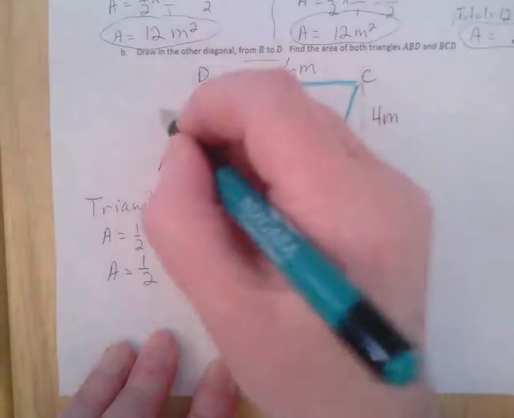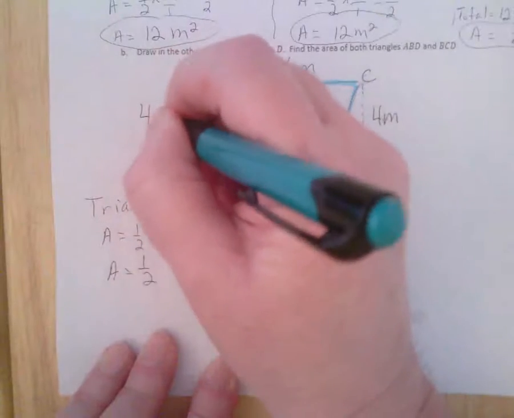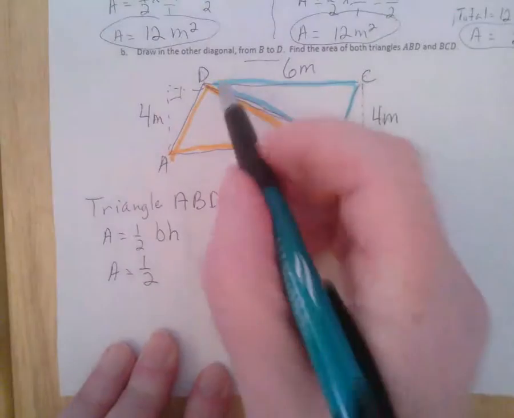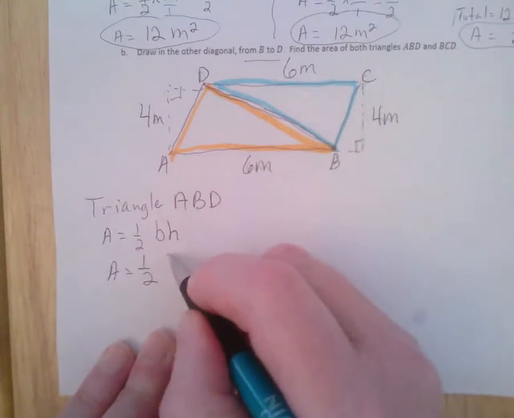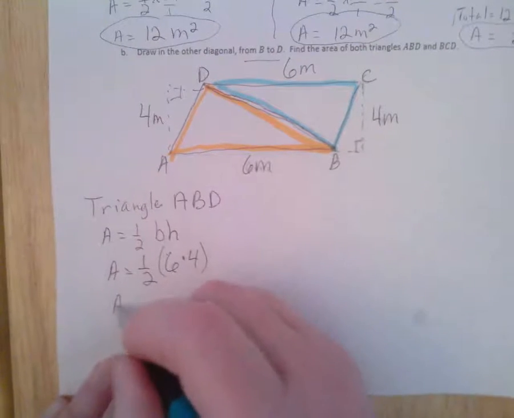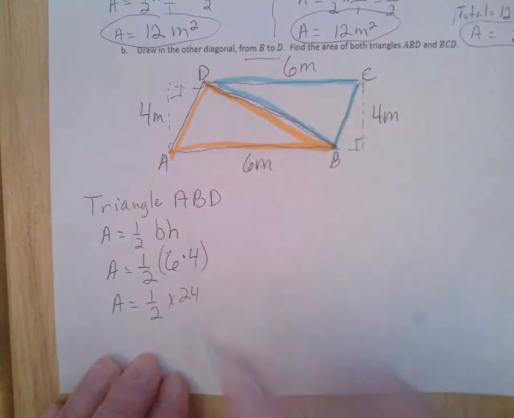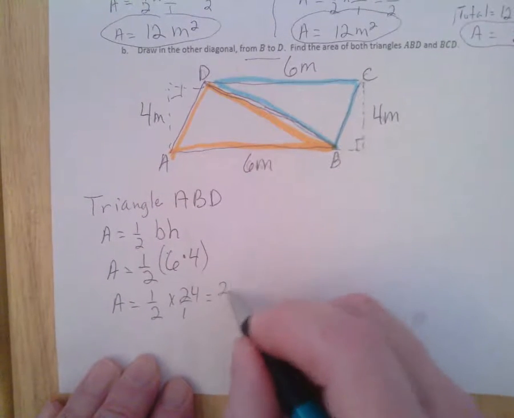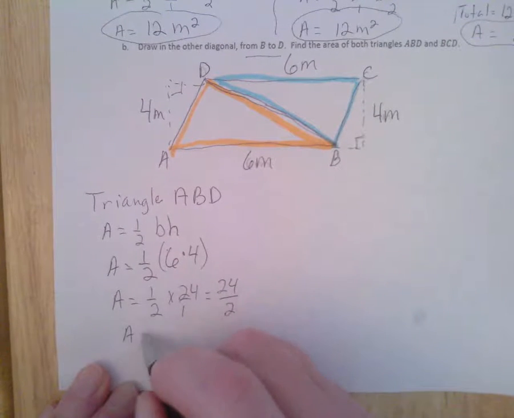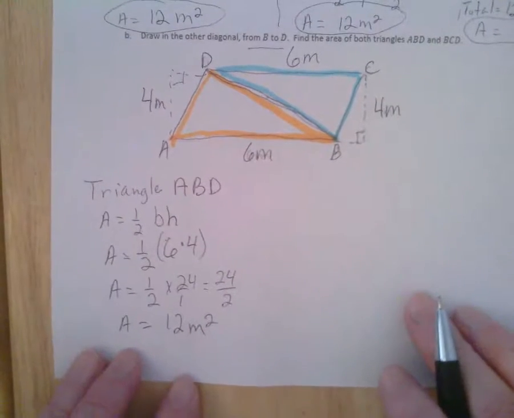And this opposite side also, when we put in our right triangle, would have a height of 4. So our base is 6. Our height is 4. So area is equal to 1/2 times 24. And 1 times 24 is 24. 2 times 1 is 2. So my area is 12 meters squared.